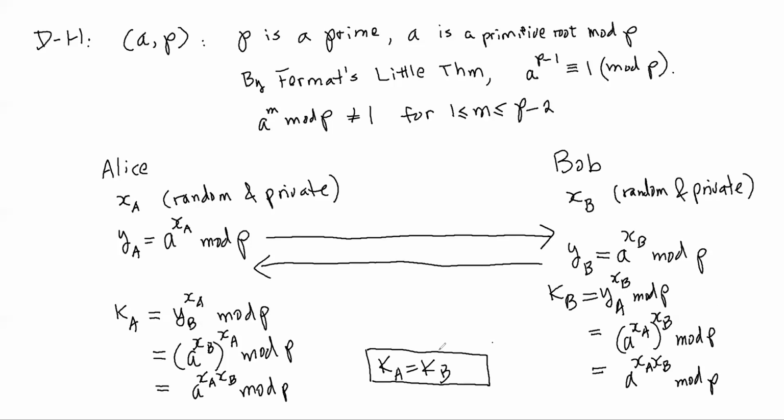Then this key can be used for data encryption during the network communication. And nobody else, because they don't know the corresponding private key XA or XB, will be able to figure out what KA and KB is.